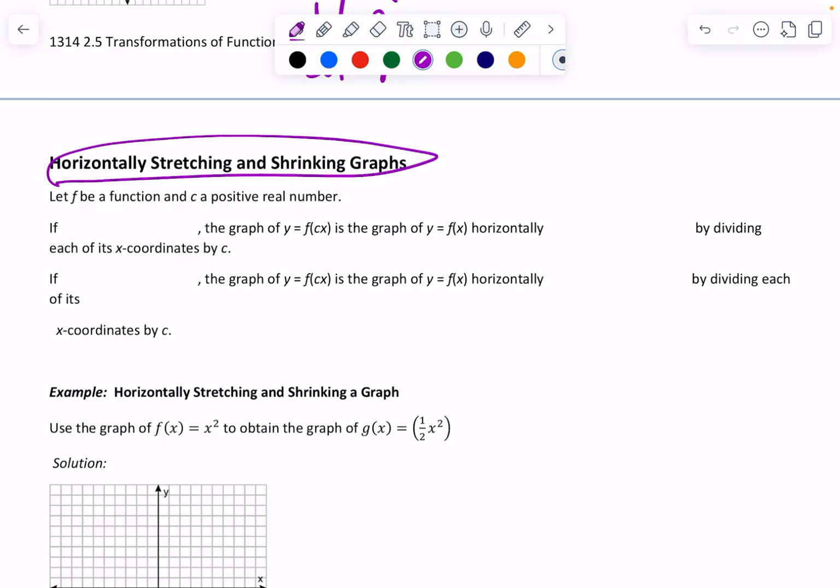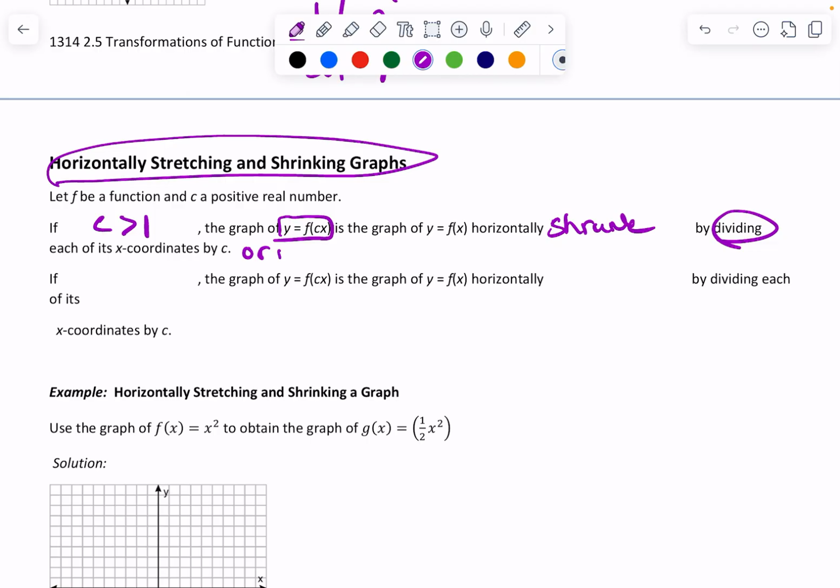So let f be a function and c a positive real number. If c is greater than 1, now notice that the c is inside the f of x, the graph is horizontally shrunk by dividing each of its coordinates by c.